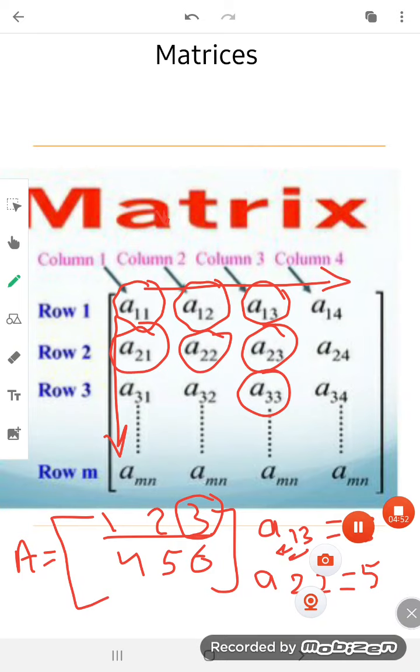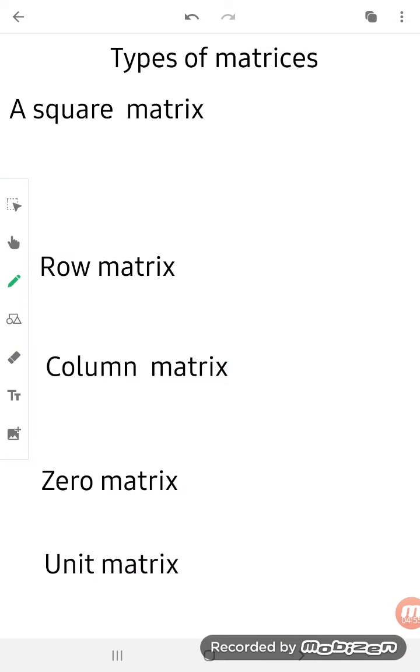After that, types of matrices. Number one, a square matrix. A square matrix means the matrix consists of the same number of rows and columns, such as this matrix 1, 3, 4, 0.